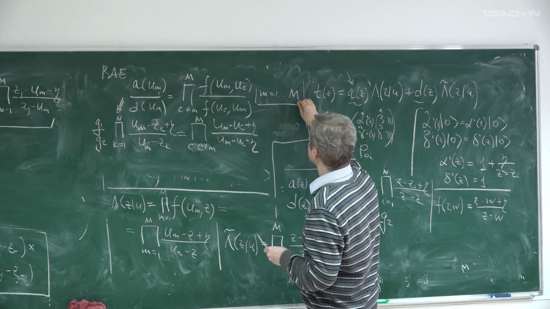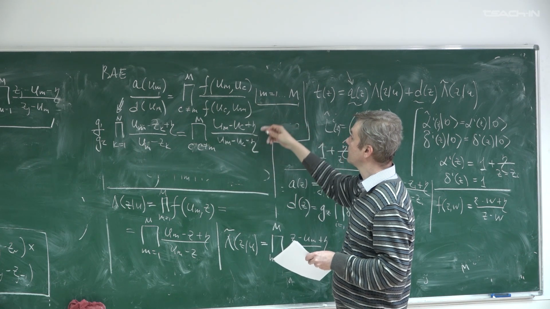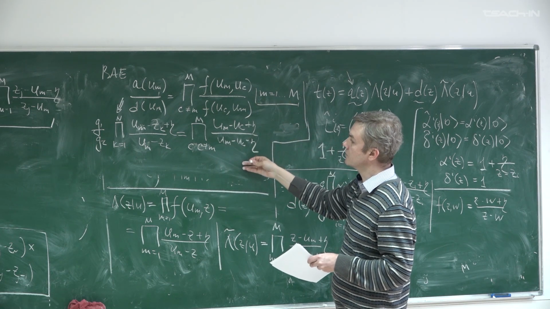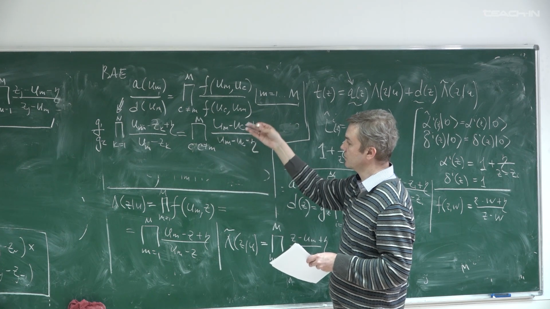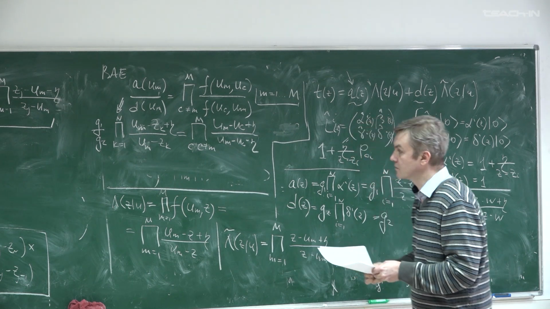And this is again the same set. The number of equations is just equal to the number of Bethe roots. So we have a closed set of equations.